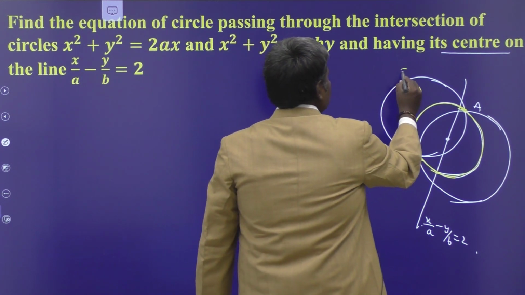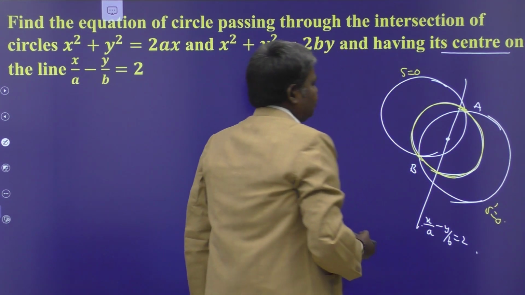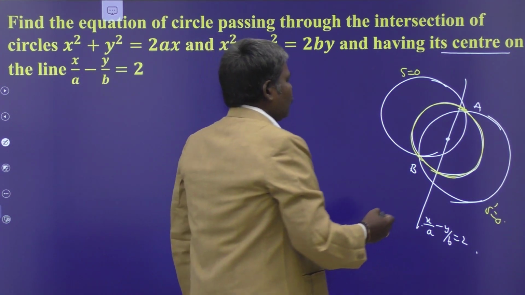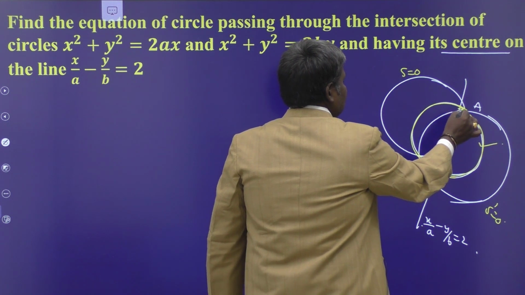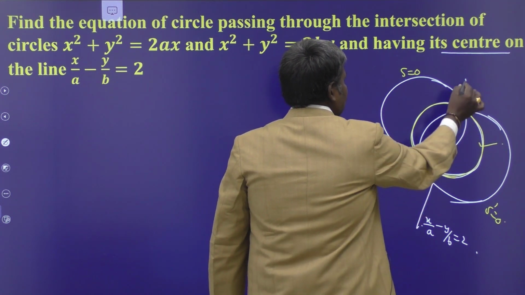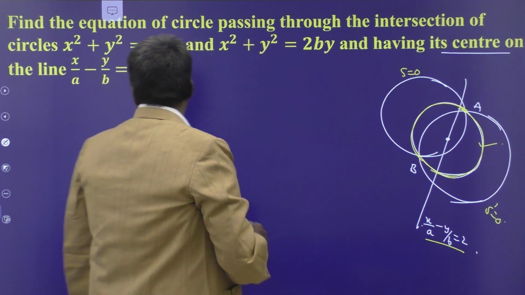One is say S equal to 0 and other one is say S dash equal to 0. This is the required circle, and passing through point of intersections A comma B, and its center lies on this line, x by a minus y by b equal to 2.